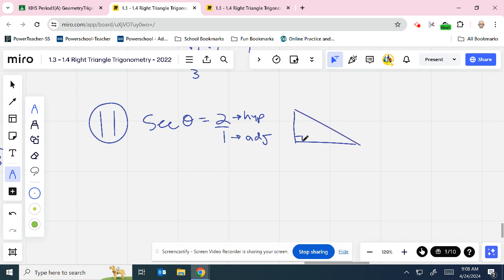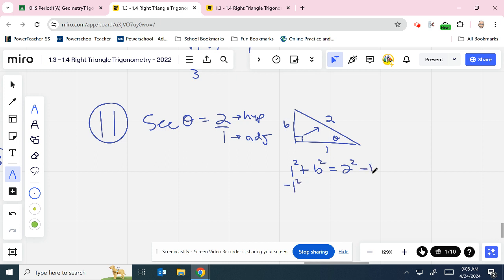with your theta. You've got H is 2, that's your hypotenuse, we know that's a 2. And you've got the adjacent as a 1. What we don't have is the opposite side. We're missing the opposite side. I'll put that as B. So we're going to need to do 1 squared plus B squared equals 2 squared.